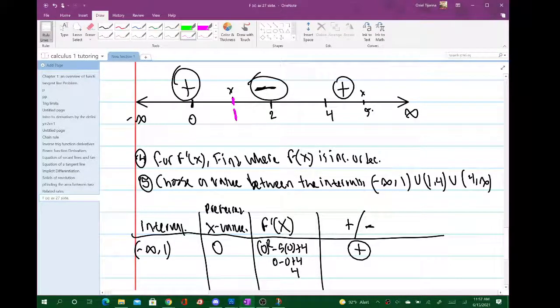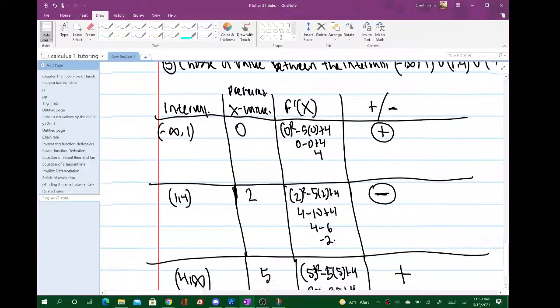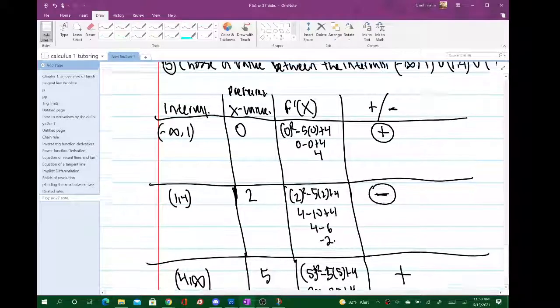So from negative infinity to 1, at x equals 0, the derivative of the function is positive.